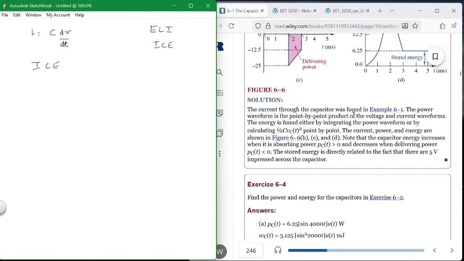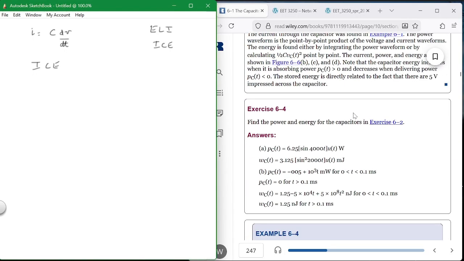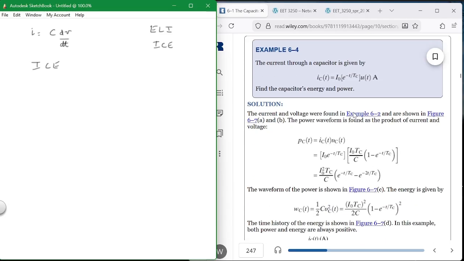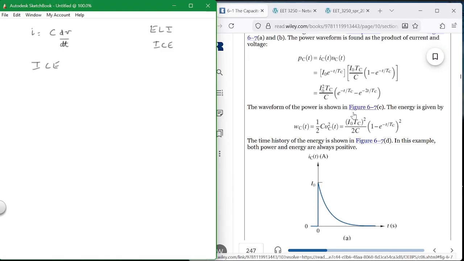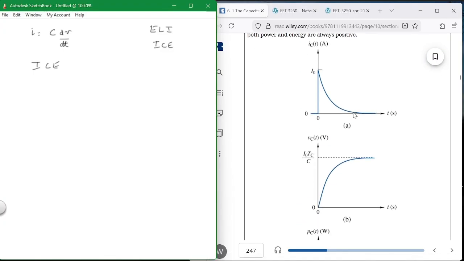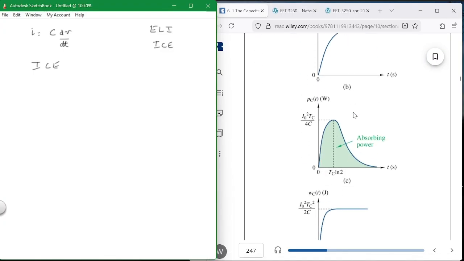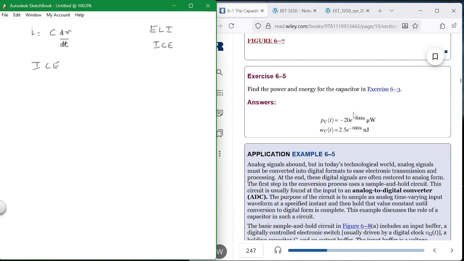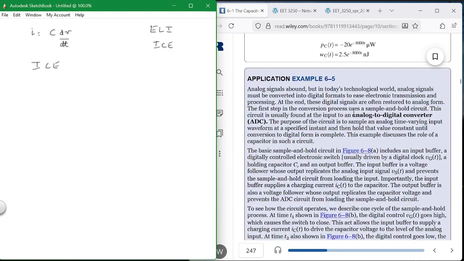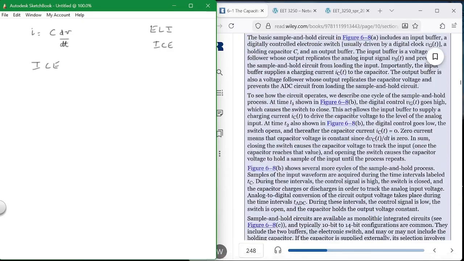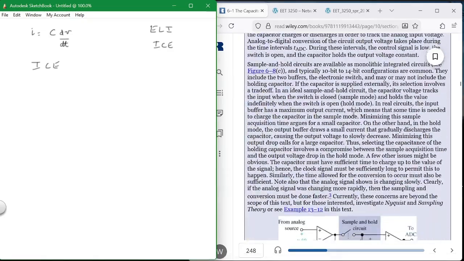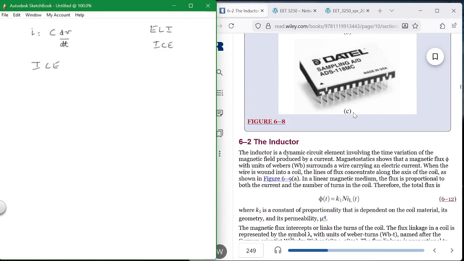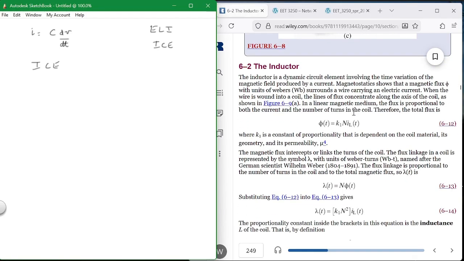It's going to be the same thing, only opposite. We'll go down to the end of the chapter and we'll do some problems. I'll skip through the op-amp portion. The inductor.